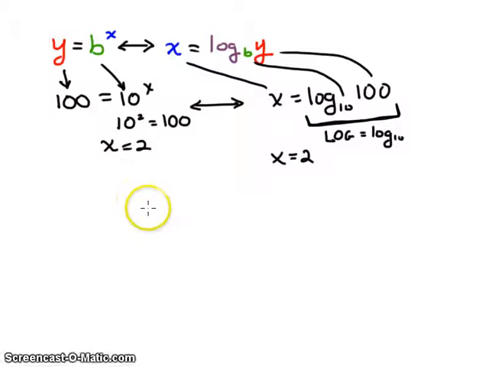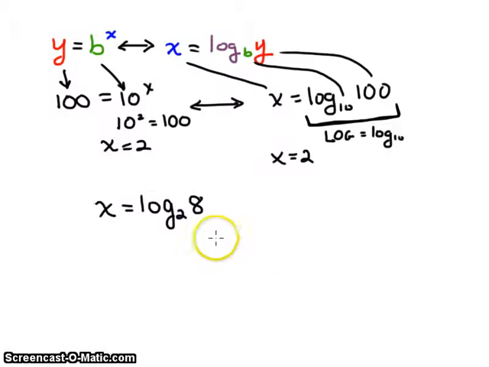I can also use this approach to solve a logarithmic expression. For example, I can figure out x equals log to the base 2 of 8. And the way I can do that is to rearrange this into an exponential. 2 is my base, x is the exponent, and 8 is y, the answer.